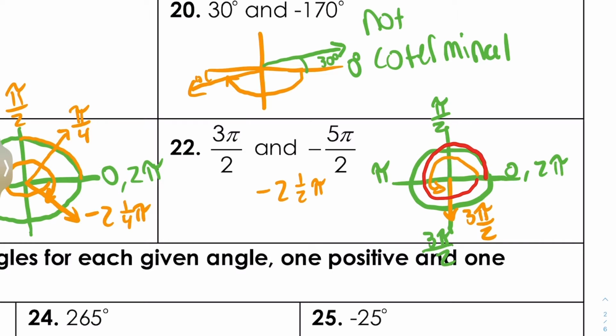And then to go a half of a pi, that last half, from 0 to this half of the circle is a full pi, and we just need to go a half of pi. So then once we're back at 0, we will just go 1/4 of a circle. And this one finally overlaps again. So 3 pi over 2 and negative 2.5 pi, those are coterminal.